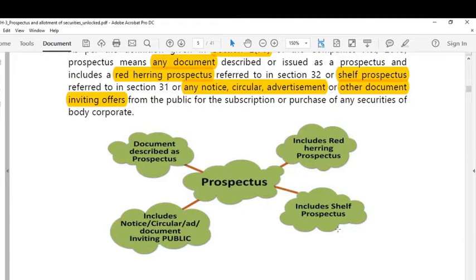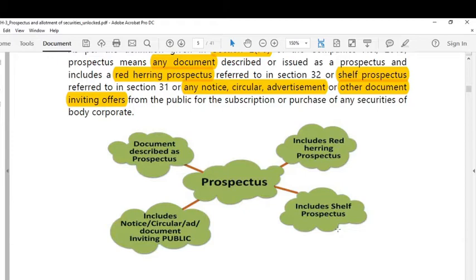Say for example, during the coming 10 years, if a company wants to go for issuing of shares once in every 2 years, it can issue a shelf prospectus for all the five issues of securities, once in every 2 years.